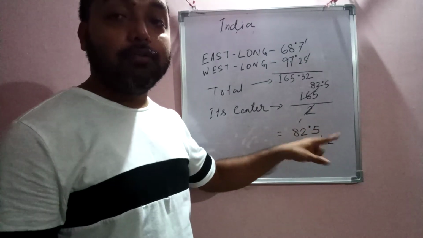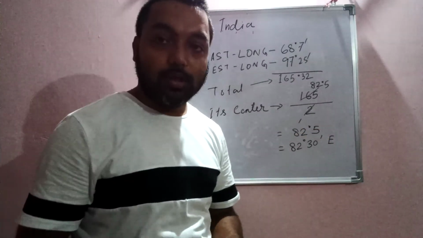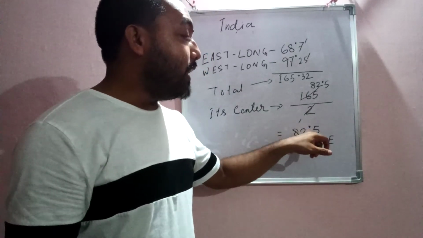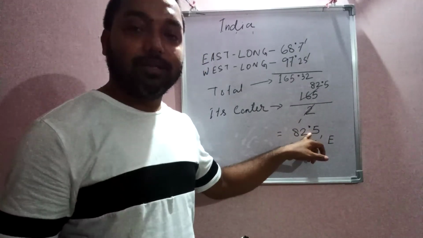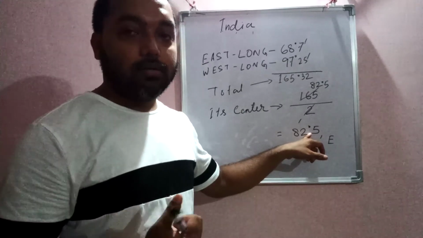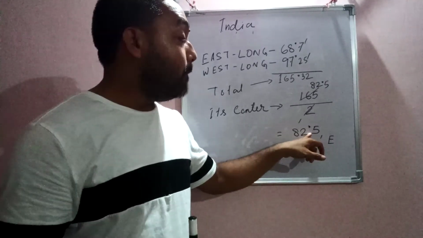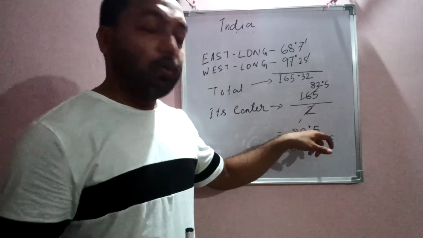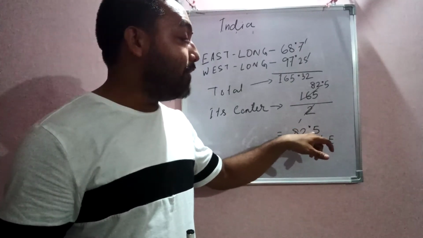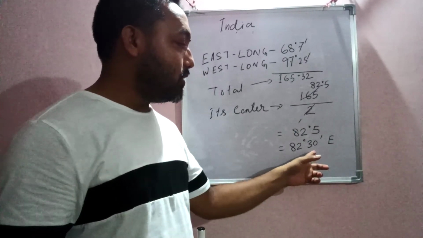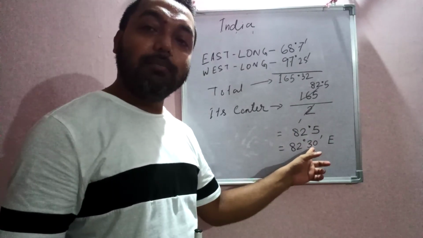Now 0.5 always means half of something. 1, then 0.5 means half of 1. Here 1 degree consists of 60 minutes. If you don't know, note it down that 1 degree always consists of 60 minutes. So 0.5 means half, and half of 60 minutes is 30 minutes.